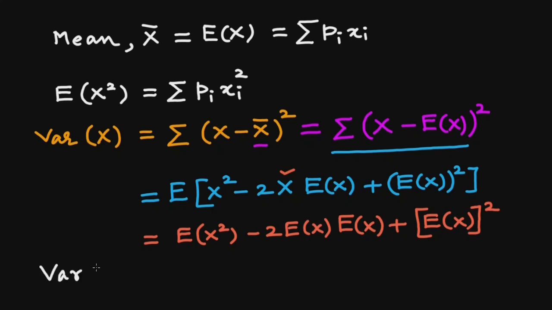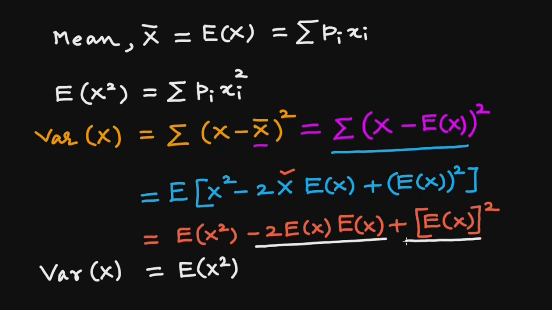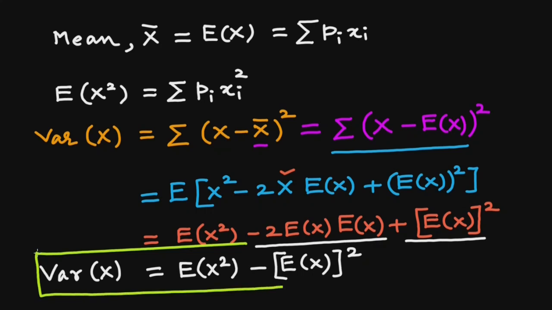So we get variance x equals E of x square minus 2 E(x) whole square plus E(x) whole square, which is minus E(x) whole square. So we got this formula for variance x: E(x square) minus E(x) whole square.